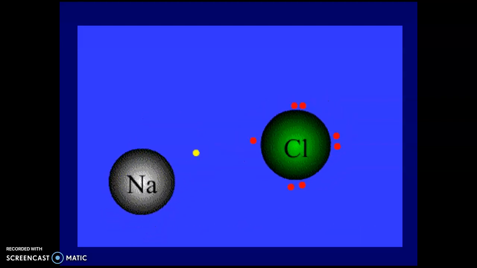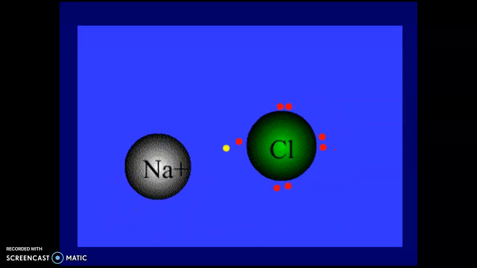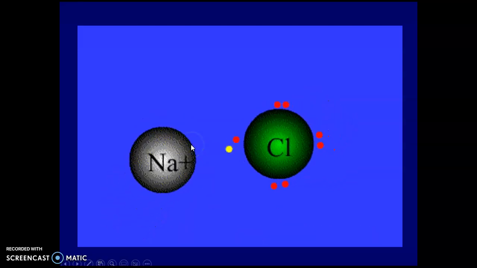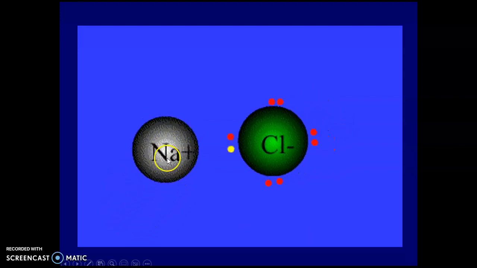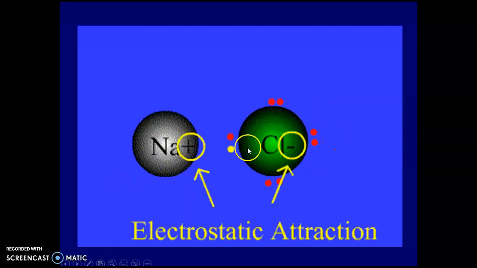Ions get formed from the loss and gain of electrons from an atom. So sodium here, because it has lost 1 electron, became a positive ion, and chlorine, since it gained 1 electron, becomes a negative ion. A positive ion and a negative ion, since they have opposite charges, will attract, forming a bond. Okay, so this is sodium chloride, and sodium chloride is the table salt that we put on our foods.